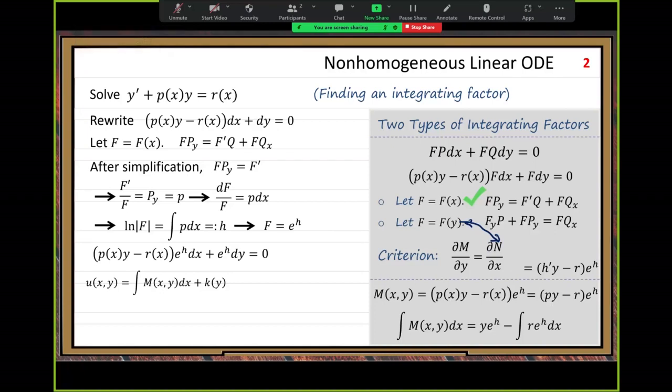Because for this first integration, you need to use that h prime version. So let me write right here.